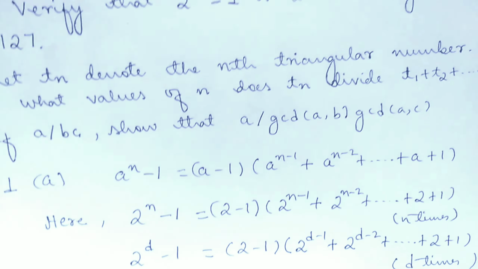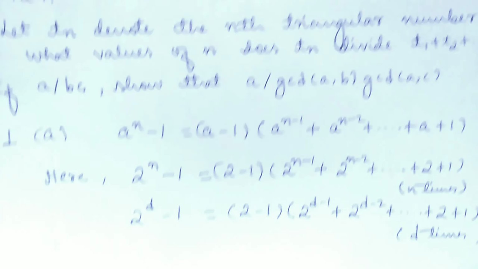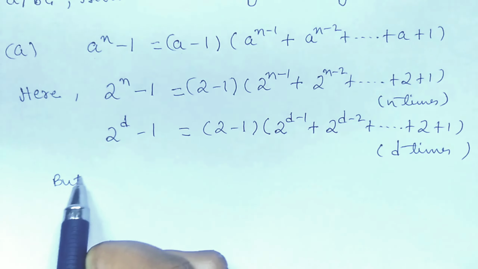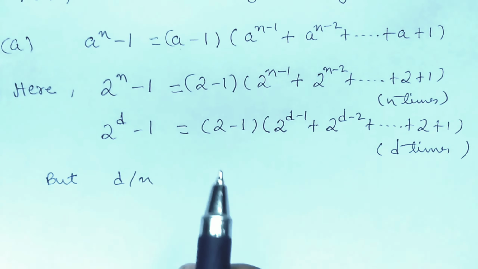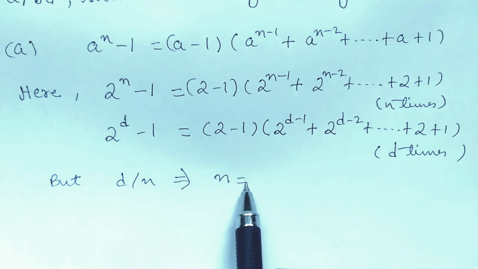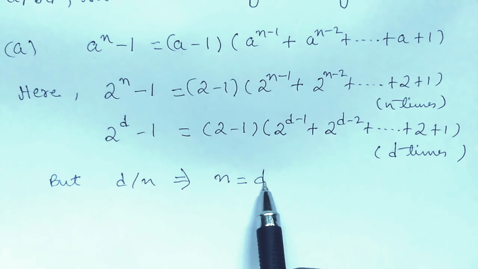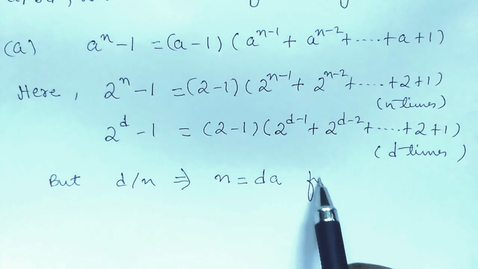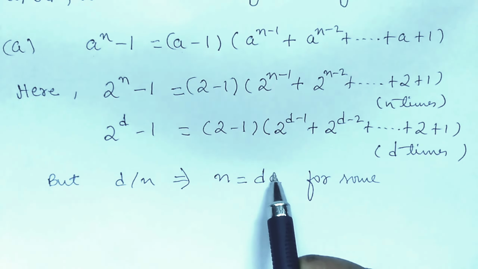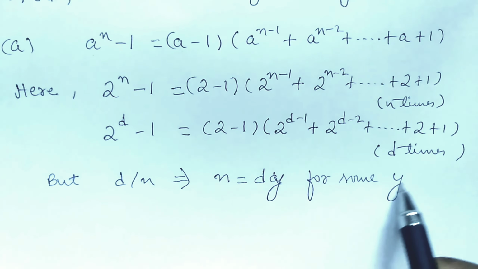Okay, but it is given that d divides n. If d divides n, n can be written as a multiple of d times a for some a. Let this one be y, not a, for some y.